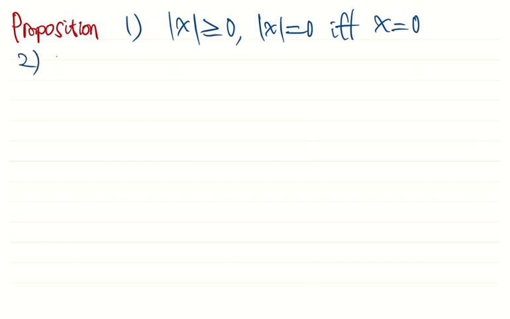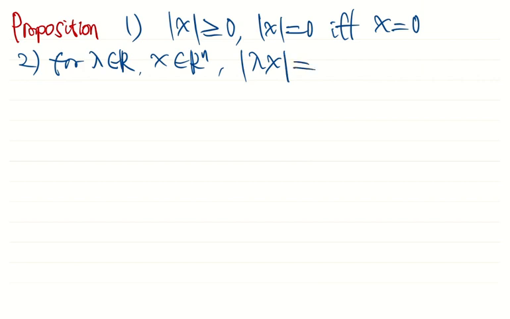Secondly, for lambda a real number, and of course x in Rn, we have the norm of lambda x is equal to the absolute value of lambda and the norm of x.